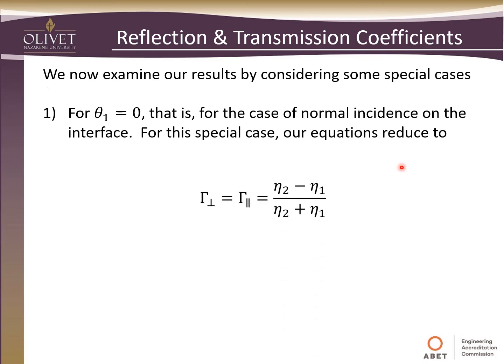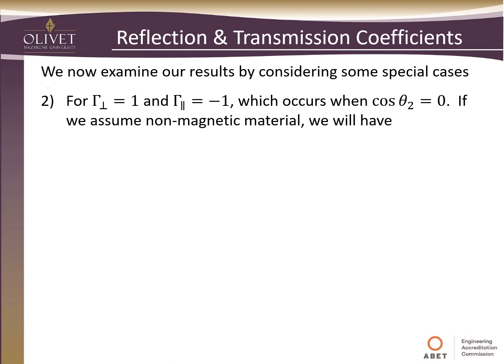Like I pointed out before, the parallel and the perpendicular reflection coefficients are equal in this case, and we have the equation that we are used to, just the ratios of the intrinsic impedances. And the transmission coefficients, both perpendicular and parallel, are equal as well.